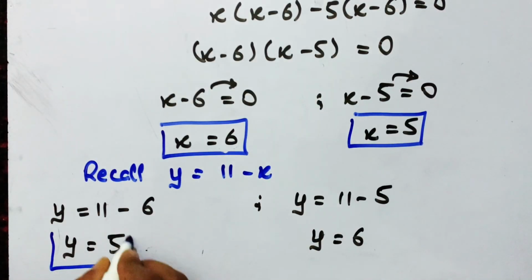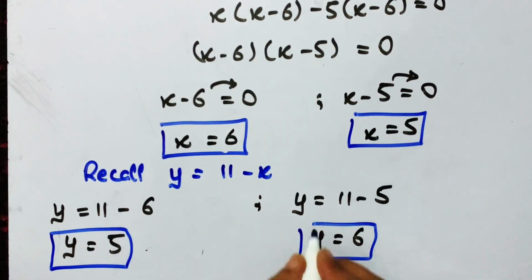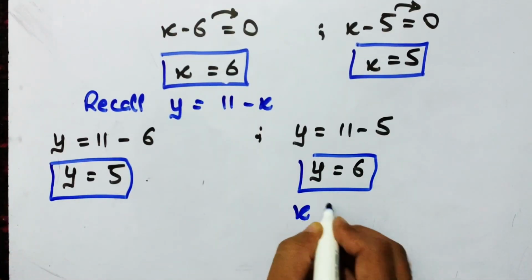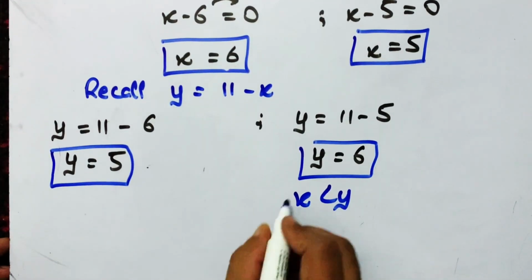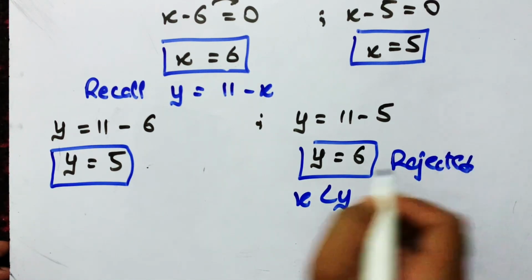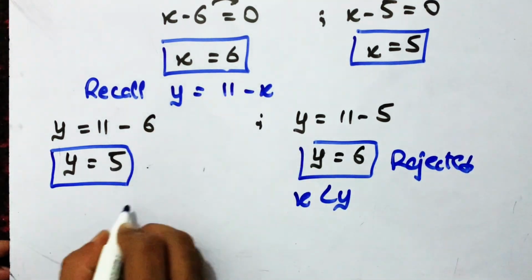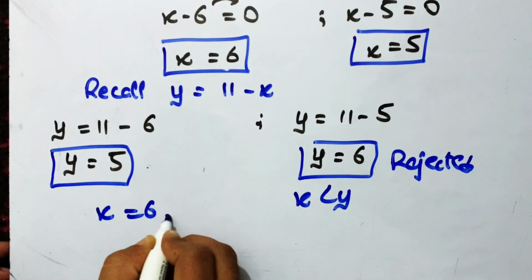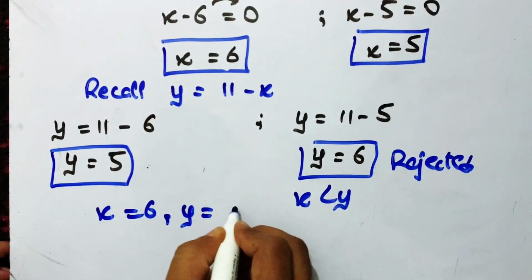Now I conclude that x must be greater than y, so this second pair is rejected. So I accept x is equal to 6 and y is equal to 5.